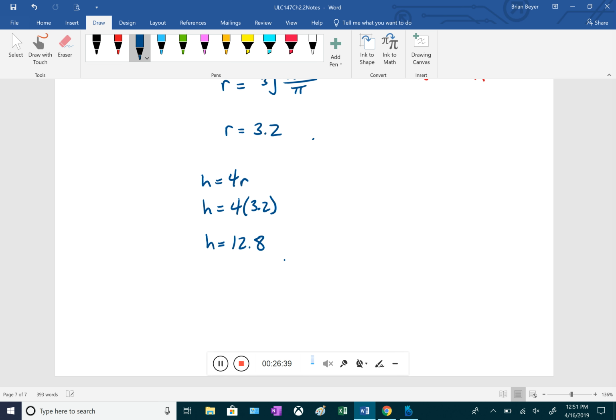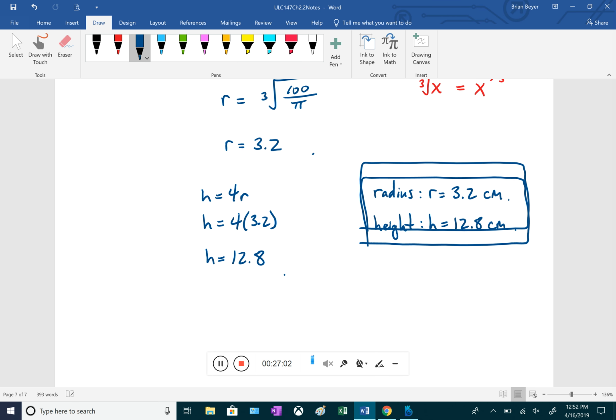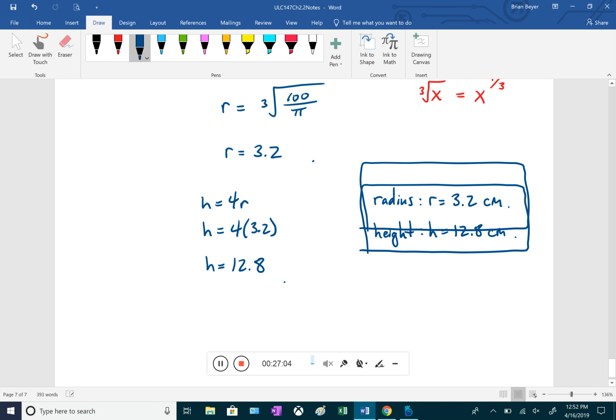Okay, so we have the radius of the can, r, which was 3.2 centimeters, and the height, h, which we just found was 12.8 centimeters. These numbers seem pretty reasonable, so we probably didn't mess anything up here.